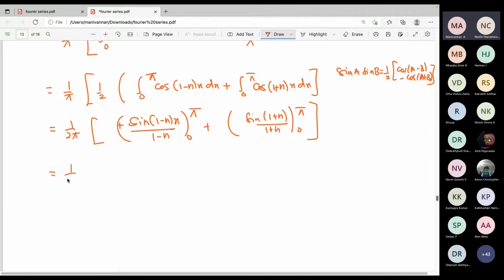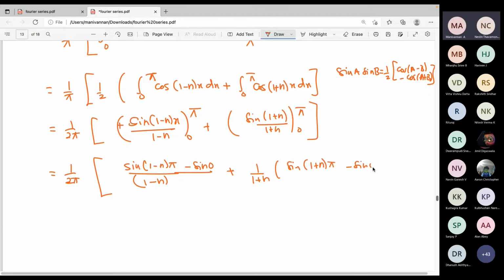So sine 0 is 0, right? Yes, sir. Then sine of 1 minus n into pi divided by 1 minus n minus sine 0, plus 1 divided by 1 plus n into sine of 1 plus n into pi minus sine 0.